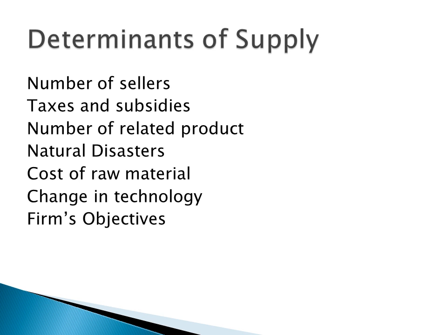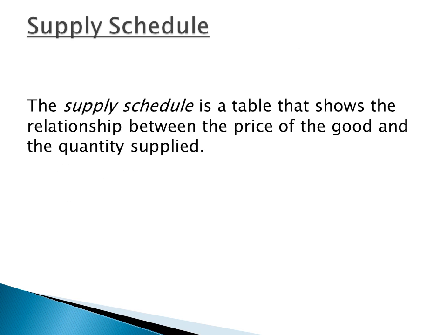Other factors are the number of related products, natural disaster, cost of raw materials, change in technology which can drag back the production process, and firms' objectives.